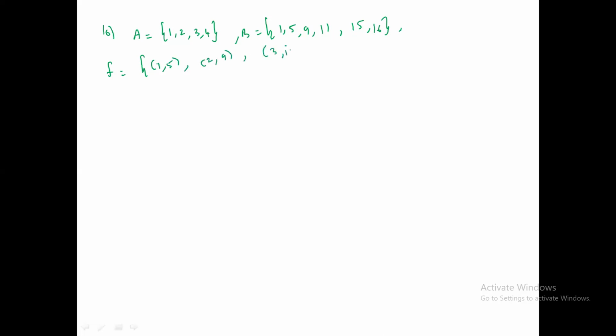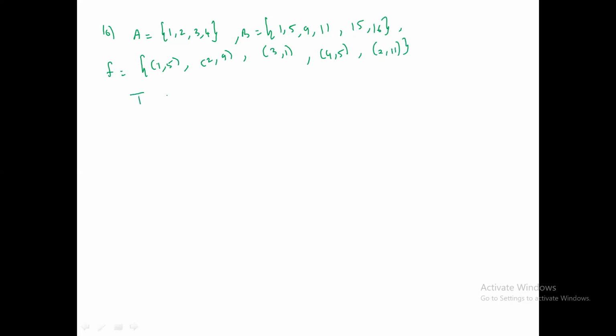Next, we will go to question number 10. A is a set having 1, 2, 3, 4. B is another set having 1, 5, 9, 11, 15, 16. F is the function {(1, 5), (2, 9), (3, 1), (4, 5), (2, 11)}.